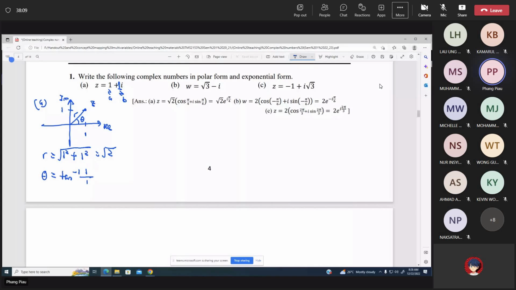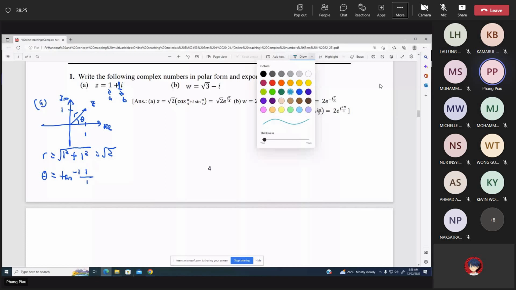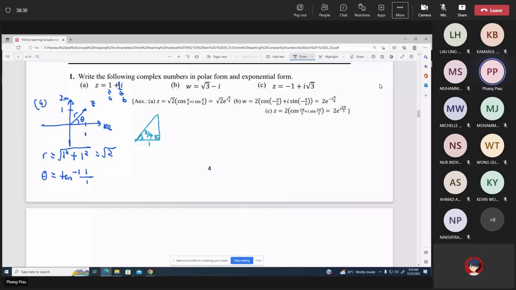You can use your calculator, or you know that if you have 1 over 1, this will give you 45 degrees. In other words, the theta here is 45 degrees, or pi over 4.